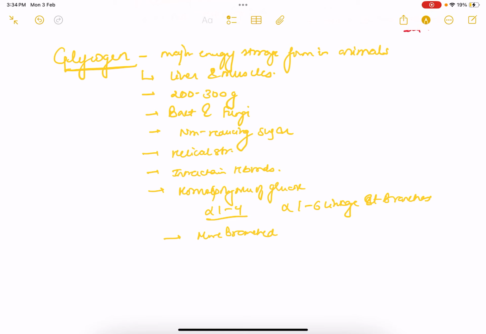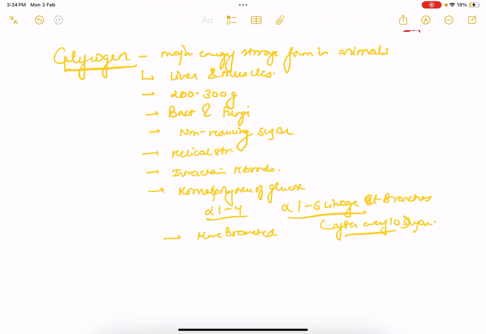The branching appears after every 10 sugar residues. So this was about the energy storage form in animals, that is glycogen.